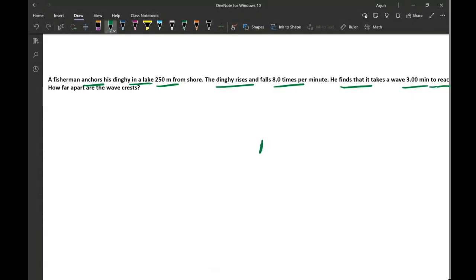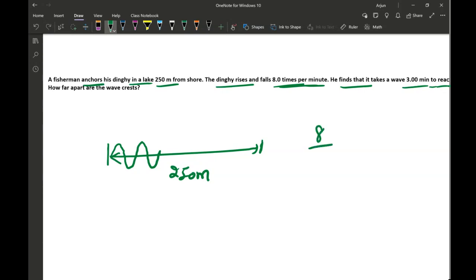So this is, let's say, the shore, and he is at a distance of 250 meters. His dinghy rises and falls 8 times per minute. So 8 times, that's the frequency given to me for this question.